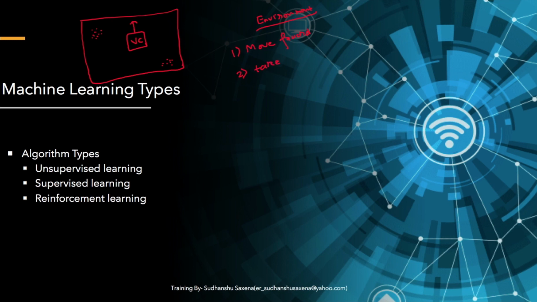Now this is where the if else programming works, right? So take left if an obstacle is there. Then you have to do the programming, how much distance is there from the obstacle and so on and so forth, and then it will take left, right? It will take left over here.